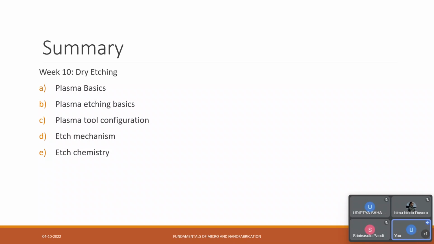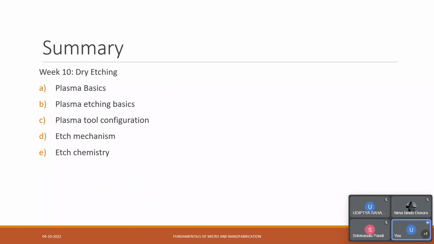Primarily, how selectivity is brought into this etching system is mostly related to the etch chemistry, which has a big role in how etching is done using such selectivity. So that was the crux of the videos this week.